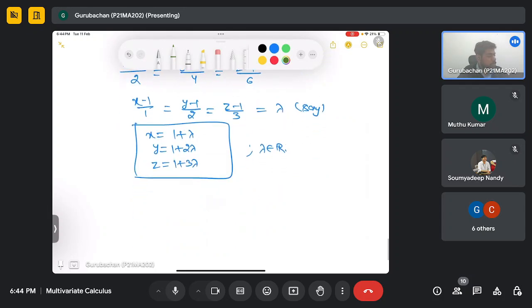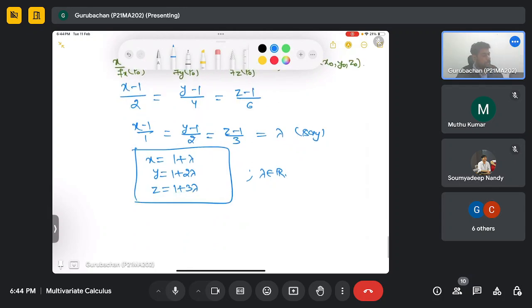Now the next question, we have asked for the equation of the tangent plane. Since we know that the partial derivatives 2, 4, 6 are these partial derivatives at p naught, it will be 2 times (x minus 1), 4 times (y minus 1), and 6 times (z minus 1) equal to 0.